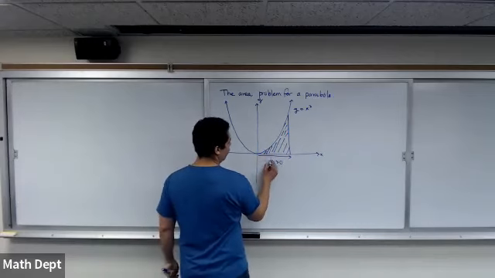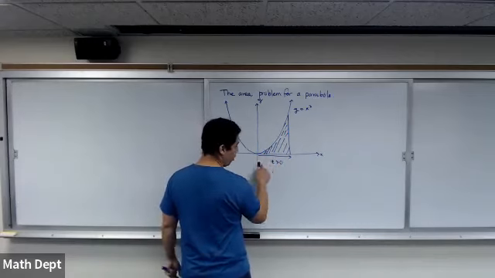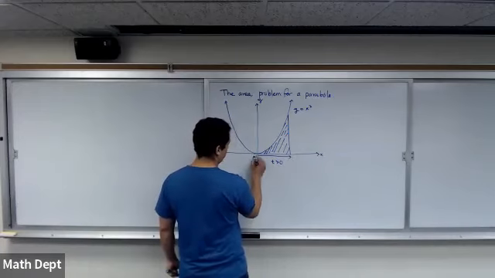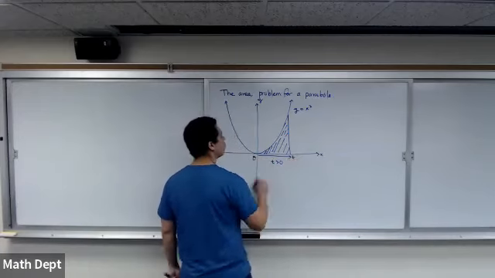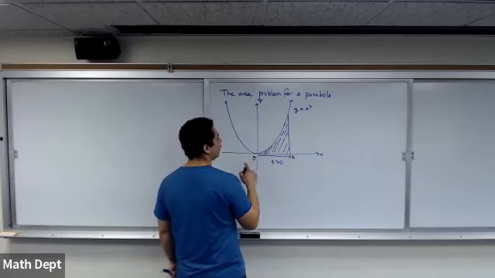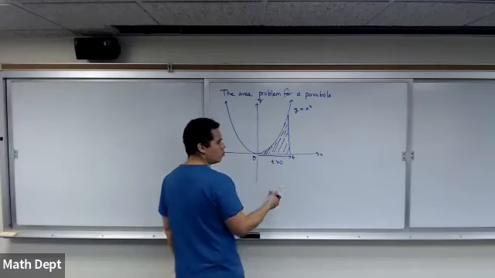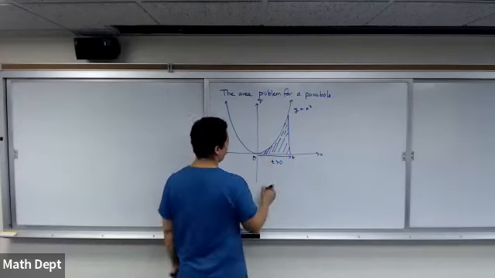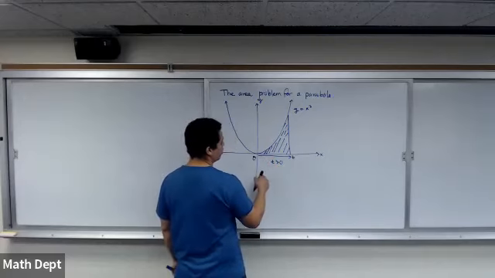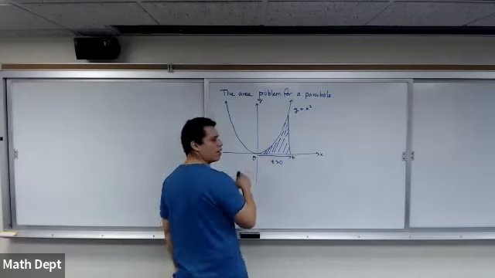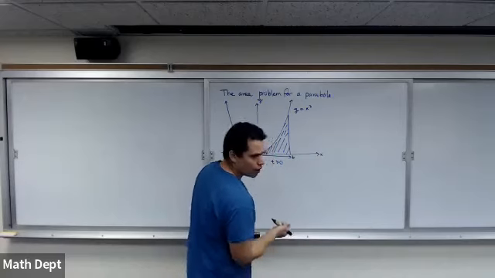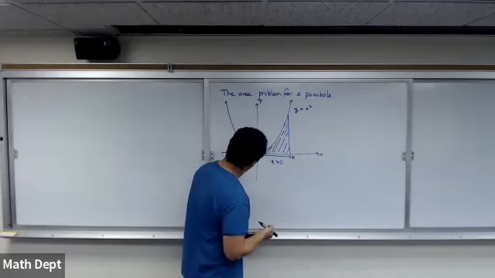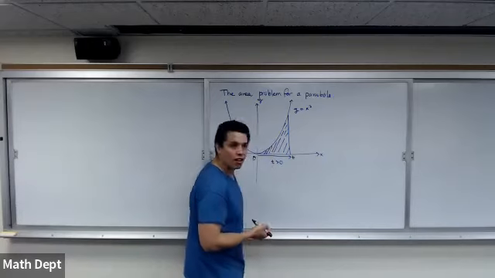You know, I have this interval from 0 to t. And what I will do first is try to approximate this with rectangles. You say, well, how many do you want? Well, let's say 2 rectangles. And then you have to make a decision. If you want 2 rectangles, where do we place the divider?